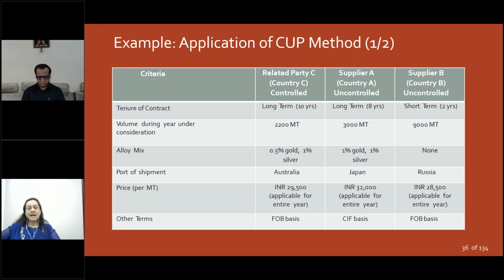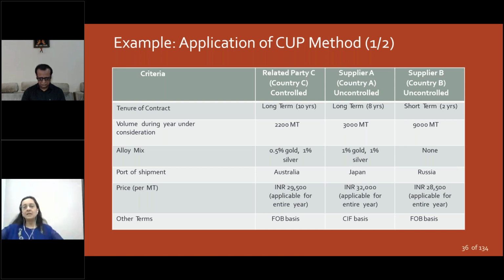Now in this case, I have to compare my controlled transaction and find a comparable, which is either supplier A or supplier B. I am only selling 2,200 metric tons, whereas supplier A is selling 3,000 and supplier B is selling 9,000. Clearly supplier B is selling a much higher volume than I am. Also, the tenure of contract is much shorter.